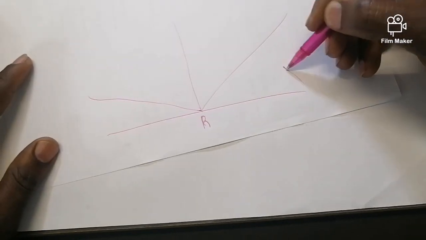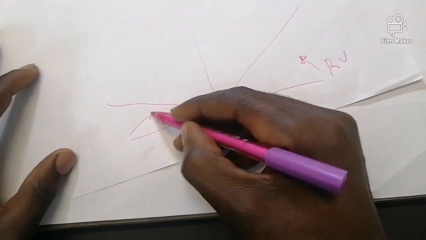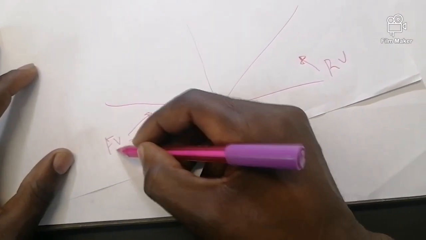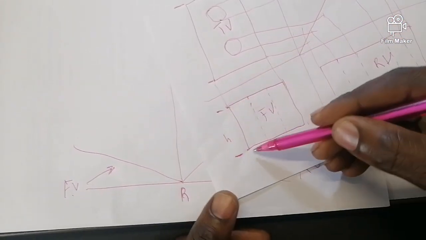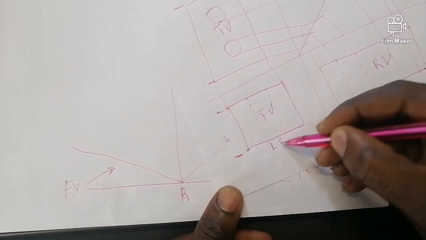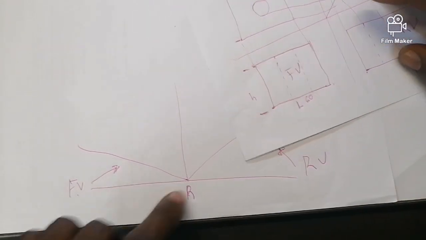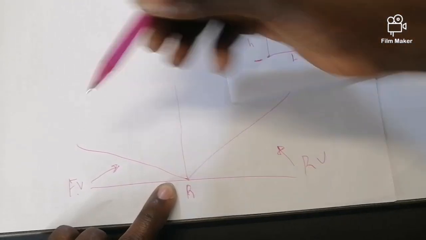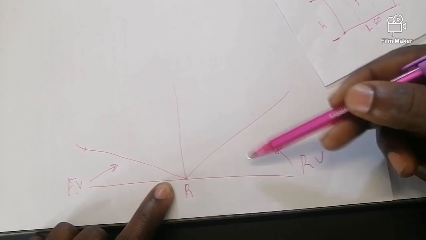What you know is that on this side I must position my right view, and on this side I must position my front view, which means whatever dimension I'm going to record from my front view, like a length from here till here, let's say 60 millimeter, you are going to correlate it from here till there. You understand? Not this side, because this side is the dimension of your right view.